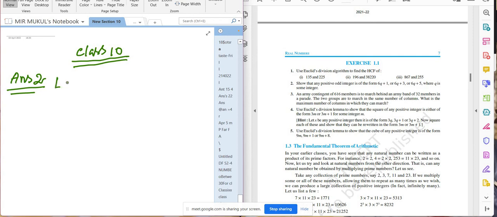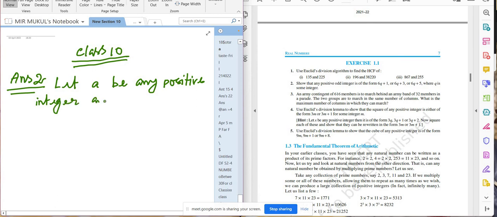Let a be any positive integer and b equals 6, because the form is 6q plus 1.